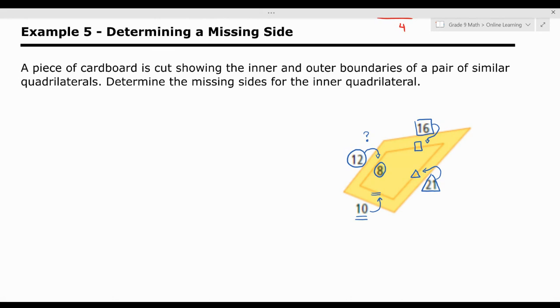So I'm going to set this up a little bit different. I want to figure out, so I know that for sure outer quad was reduced to end up with inner.